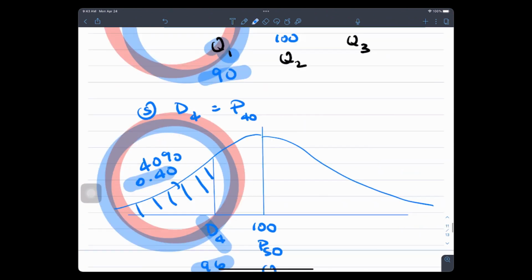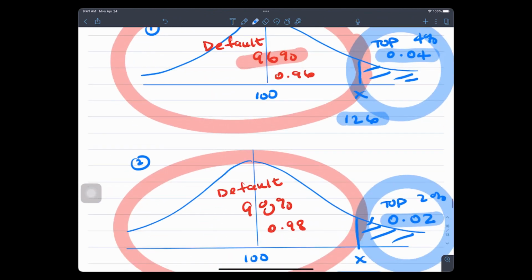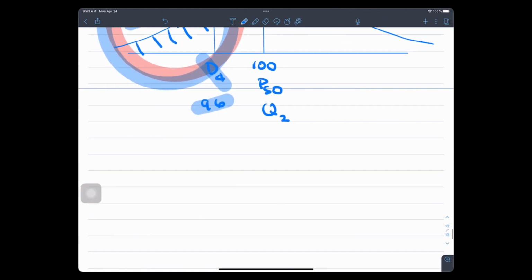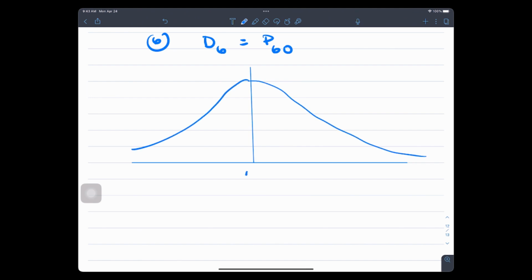Compare that to number 6, because you say, what's number 6? Number 6 is the 60th percentile. Is that true? So D6, the 6th decile, was the 60th percentile. So this is, I'm sorry, it's 100.